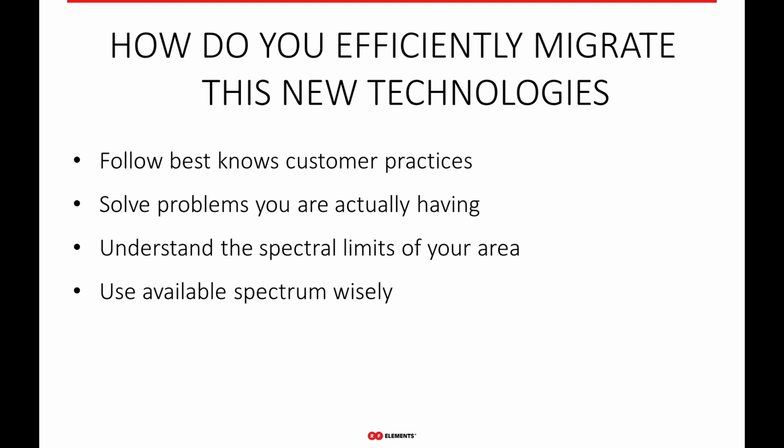Using your spectrum wisely will help you migrate because it'll help you grow. If we look at how your networks are set up and how things are running in your particular area, you'll have a much more successful migration path with horn antenna technologies over your traditional sectors.